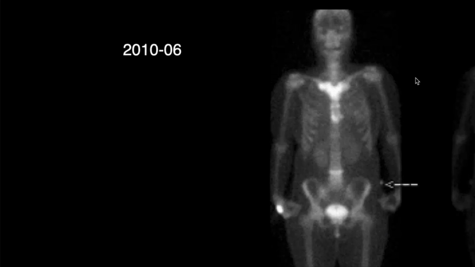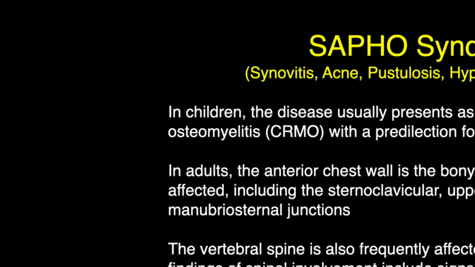So we're thinking probably could be SAPHO. Good. With multiple areas of, and this is associated with chronic recurrent multifocal osteomyelitis, which is inflammation that can often be migratory within the bones, which is not caused by a known infectious agent.